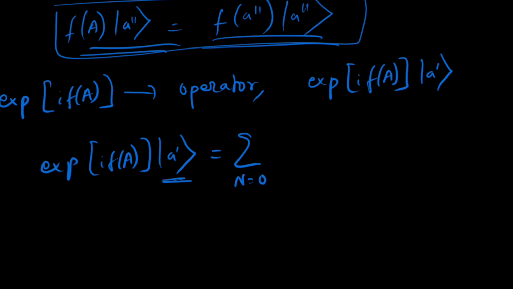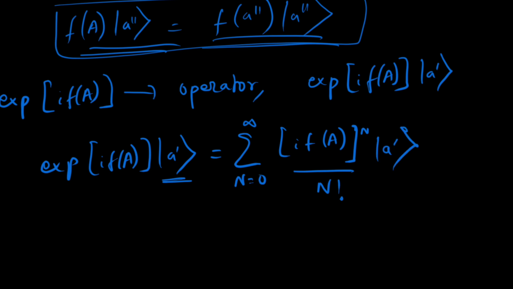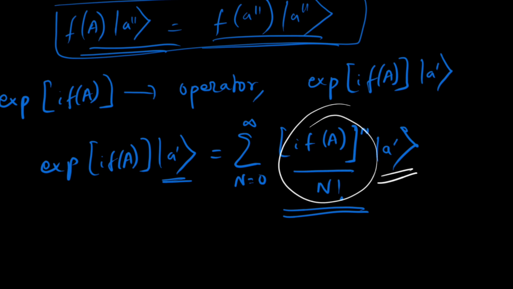We get the exponential function, sum of i f of A to the n over n factorial, on the state a prime. So this is the operator acting on the state a prime, and we have to check what we get.